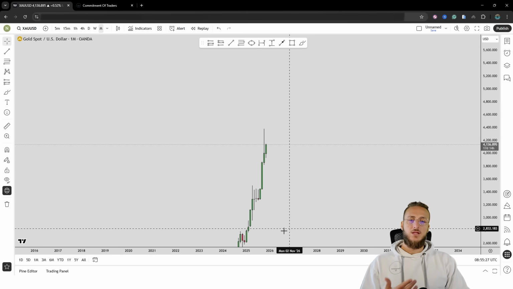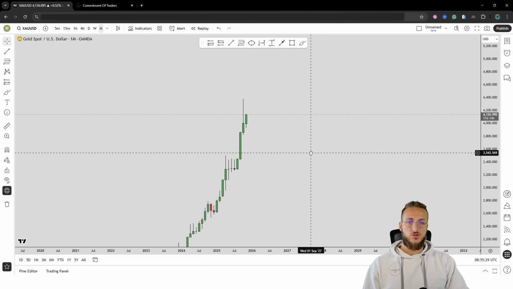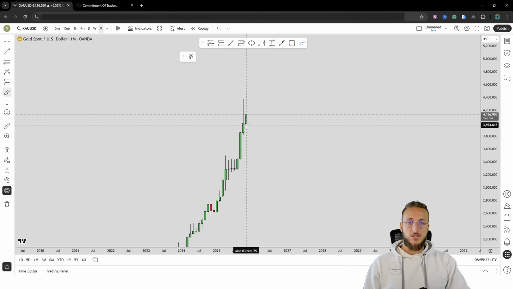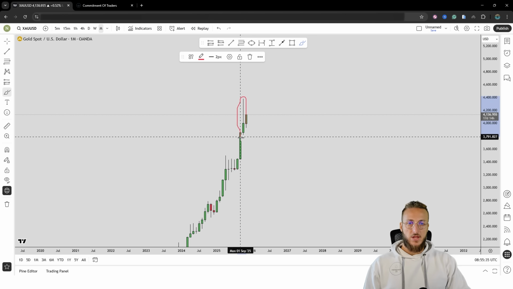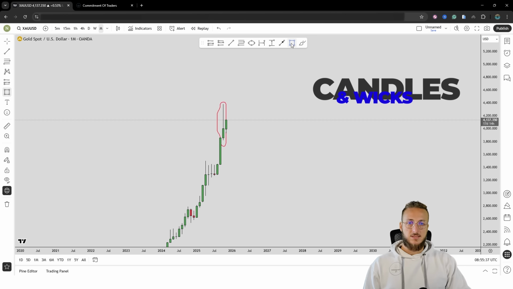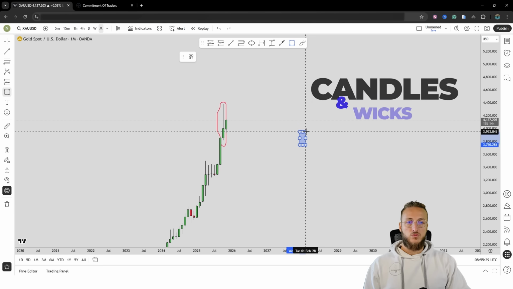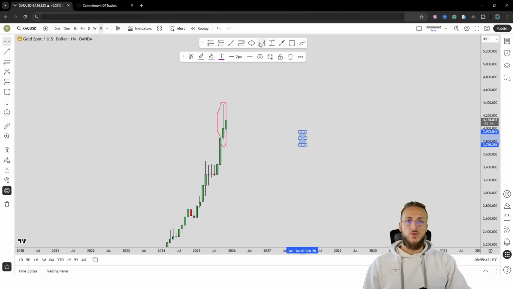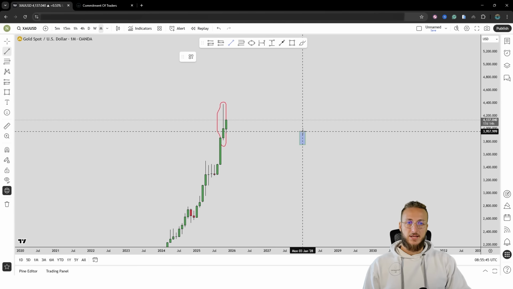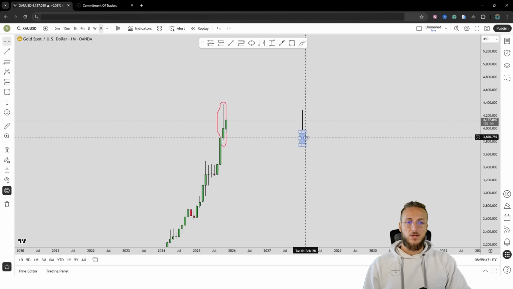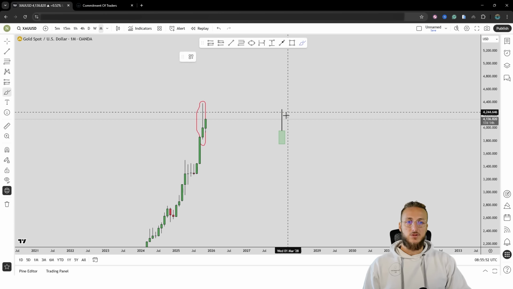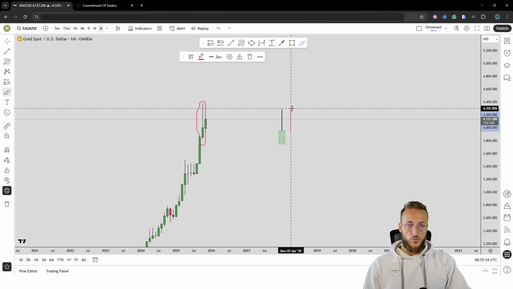Now, if we zoom into the most recent price action, what we can notice is that last month, the month closed with this candle here. Now, when you see a candle like this, essentially with a green body and a very long wick, what you expect from the next candle is to fill in the wick.